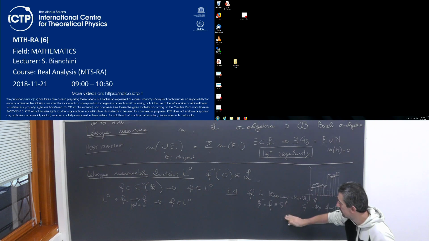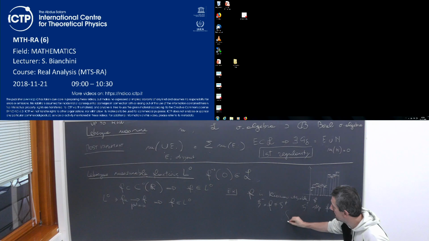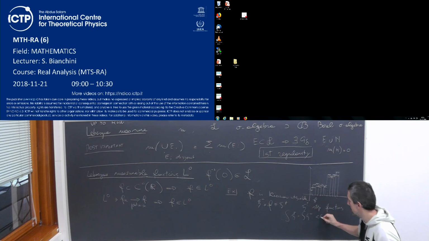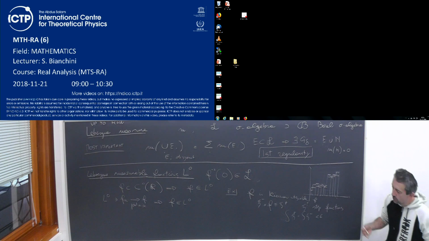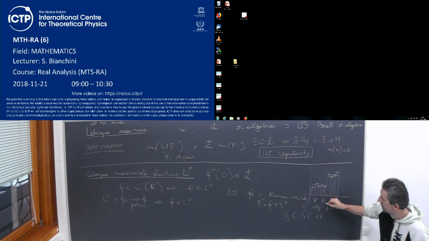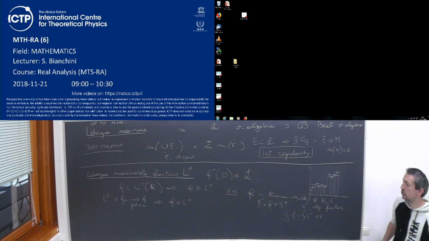We call that the Riemann integral of phi plus minus phi minus is less than epsilon. For all epsilon there exist such functions.